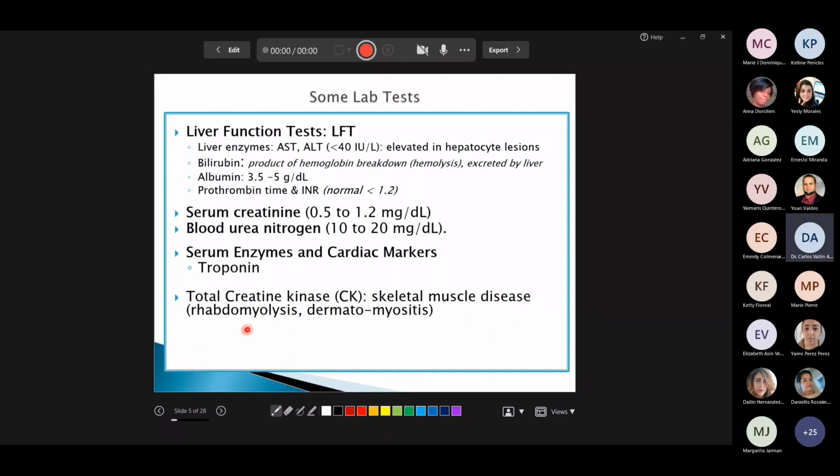The skeletal muscle can suffer diseases, can suffer myopathies. Okay, myopathies are diseases of the muscles. The two diseases that you need to know, one is called rhabdomyolysis, that you know is something very bad that can occur in many critical conditions.